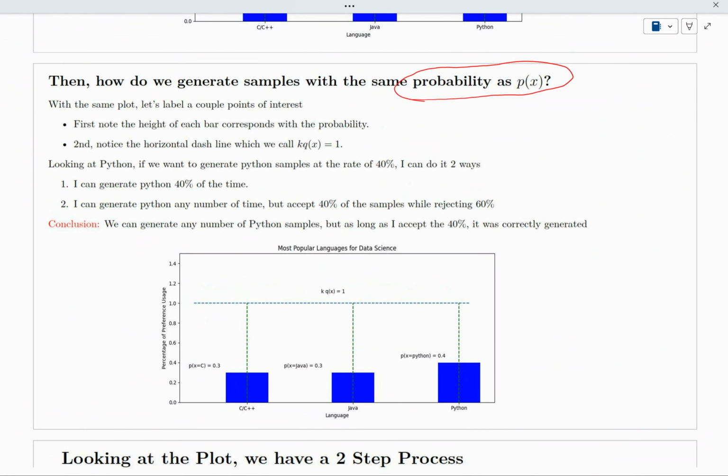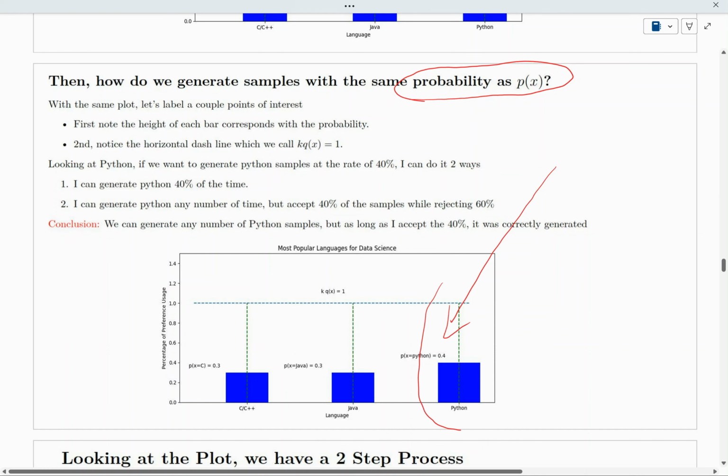Well, there are a couple ways. The first way is similar to inversion sampling. If we generate 100 samples, we would like to ideally have 40% of them be Python, 30%, 30%. So that's one way to do it. Another way to do it is that we can just generate Python at any probability and any number.